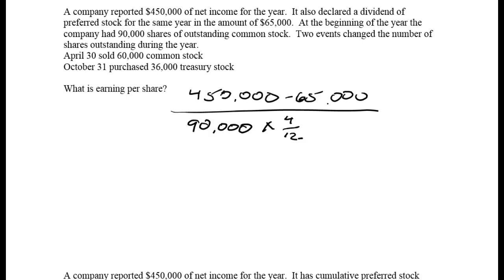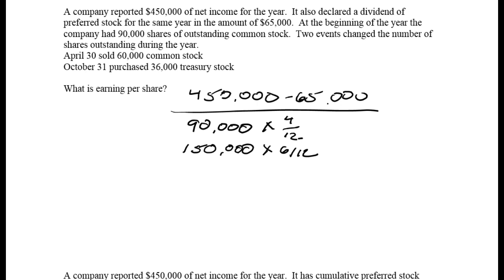Well, the numerator is 450,000 minus 65, or 385,000 again. Let's build the denominator. First, we have 90,000 shares of stock outstanding for 4 months, January, February, March, and April. So I'll take 90,000 times 4/12. 90,000 plus 60,000 more issued would mean there's 150,000 currently outstanding now, and that would be for the period from April to October, or 6 months, May, June, July, August, September, October.